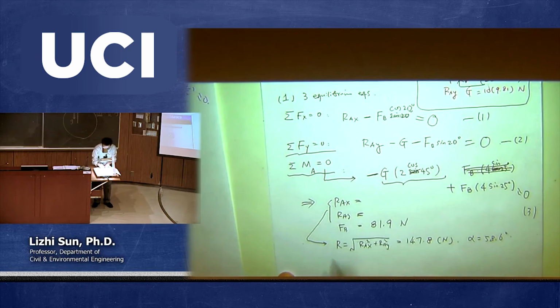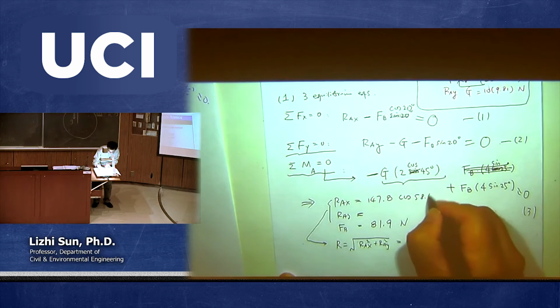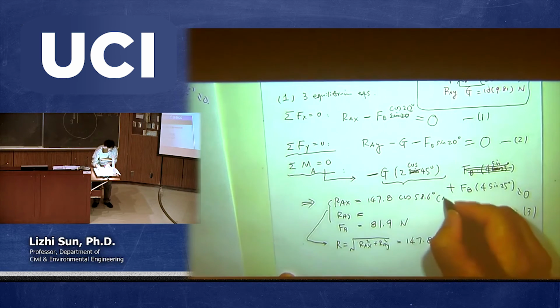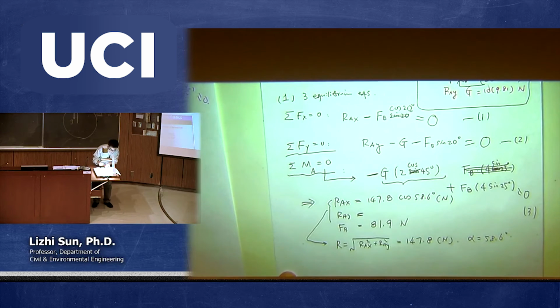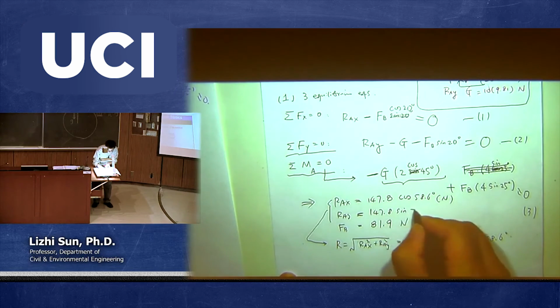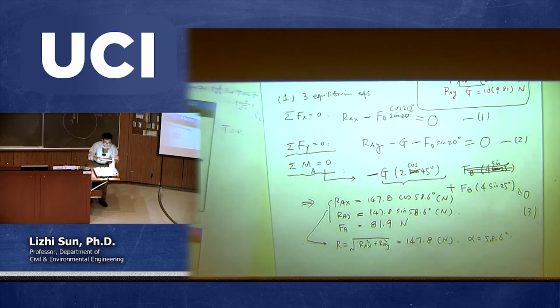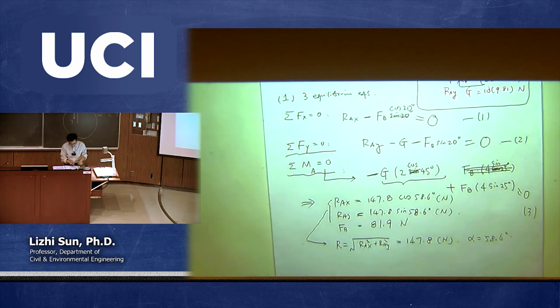Because I don't have this result directly, I can write it down: RAX is 147.8 times cosine 58.6 degrees, in Newton. And then RAY should be 147.8 times sine 58.6 degrees, in Newton. You can punch your calculator to get it because I didn't write down the two components.